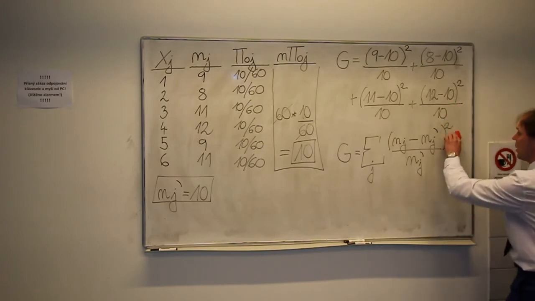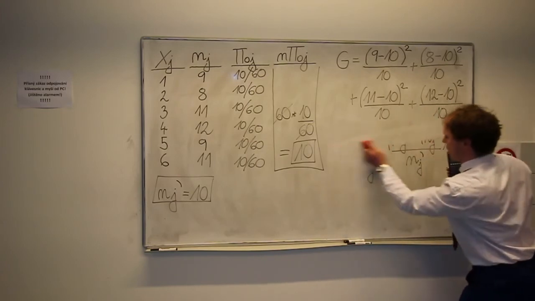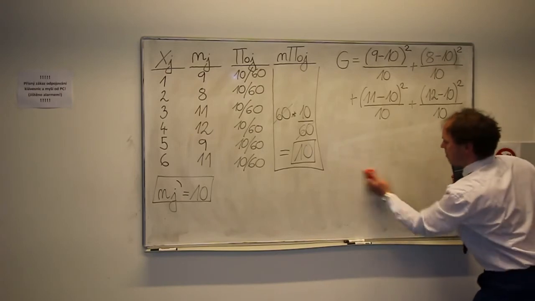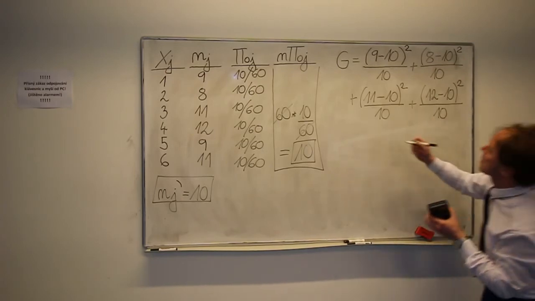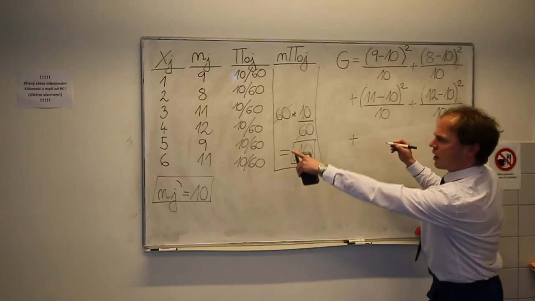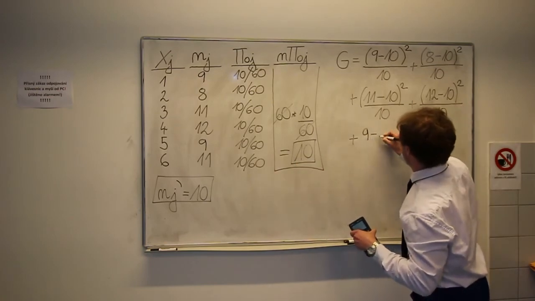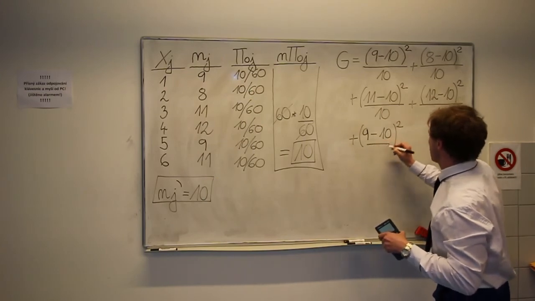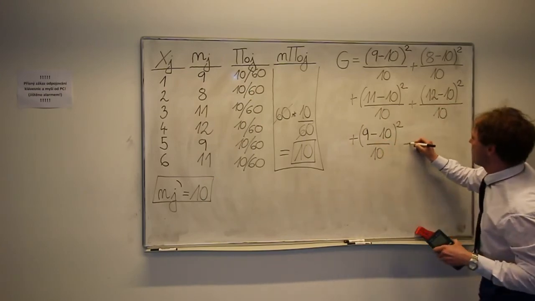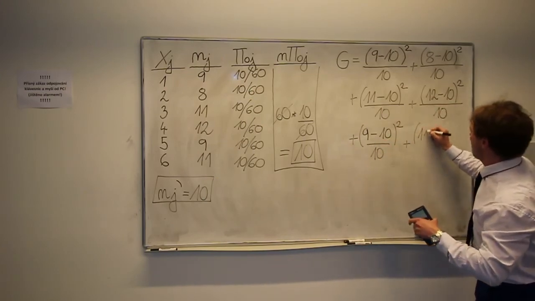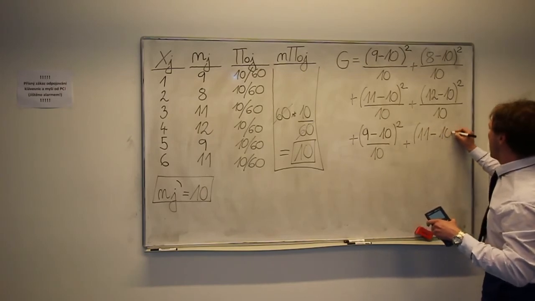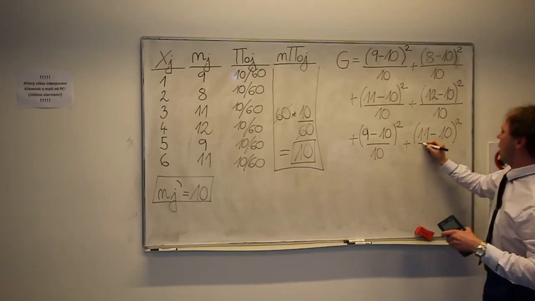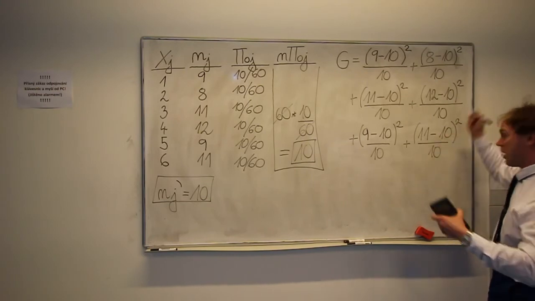I will delete this formula because I already know what I must solve. Plus 9 minus 10, squared, divided by 10, plus 11 minus 10, squared, divided by 10.